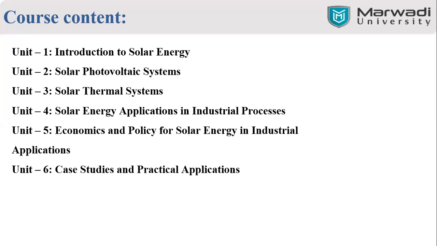So definitely we are going to take the overview of where the solar energy applications can be fitted in different industrial processes. And going to unit number 5, we are going to discuss different economic and policies related to solar energy for different industrial application.